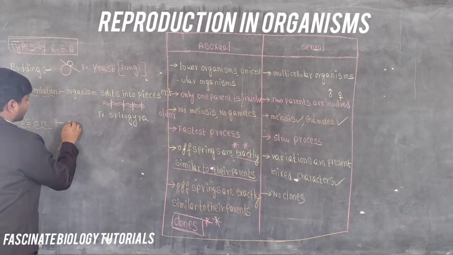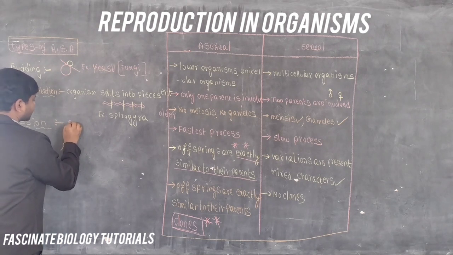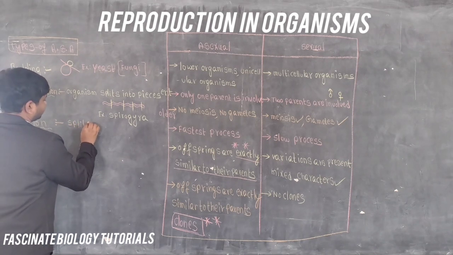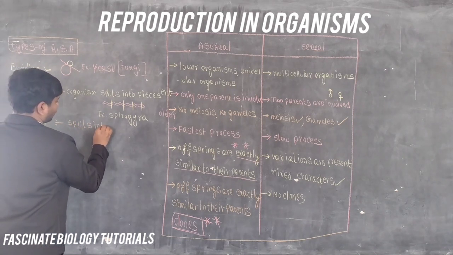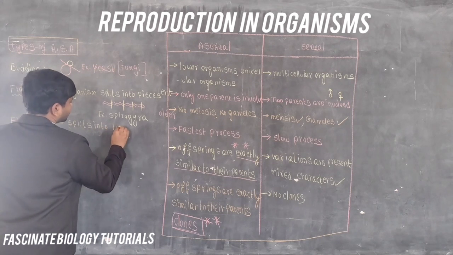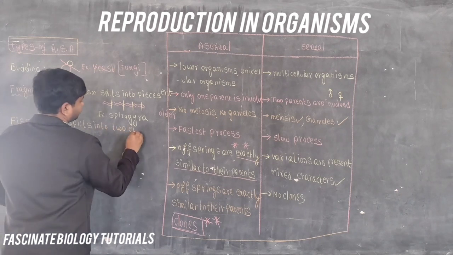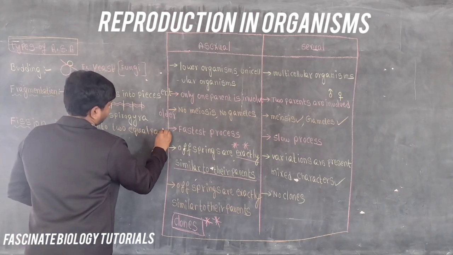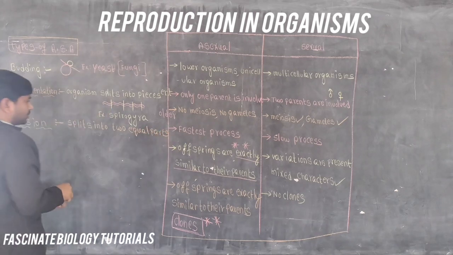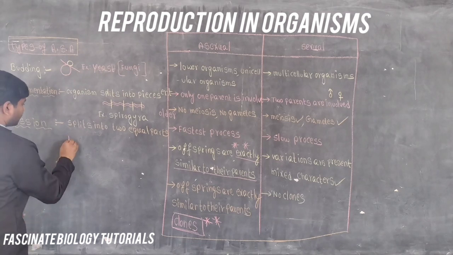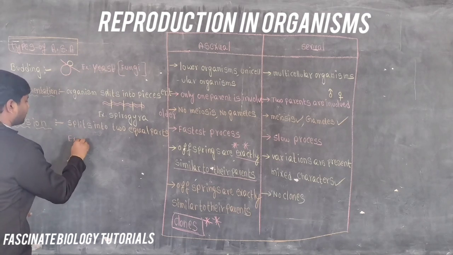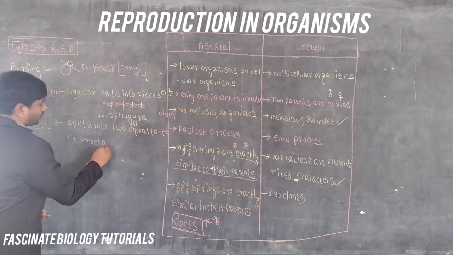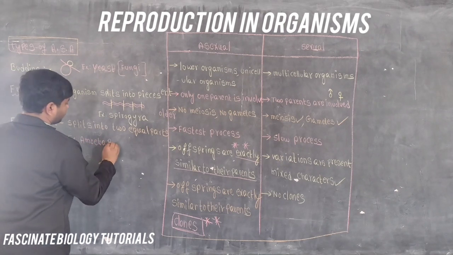The organism splits into, or is divided into, two equal parts. Example, protozoa like amoeba, paramecium and euglena.